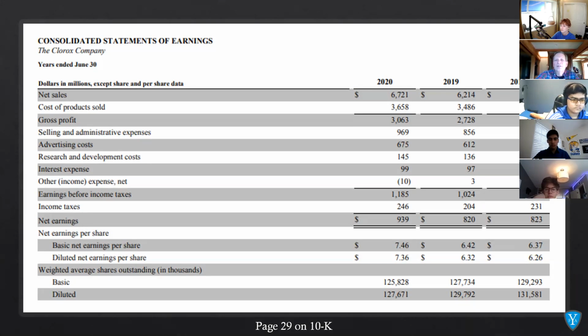Then the company incurs a bunch of other costs to run its business. They have selling and administrative costs, advertising costs, research and development, and so forth. After I take all of those costs, my earnings come down to $1,185,000,000. And then of course I have to pay income tax on that. So my net earnings are down to $939 million off of my $6 billion of sales.